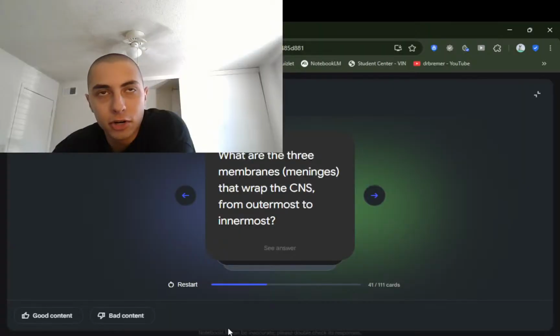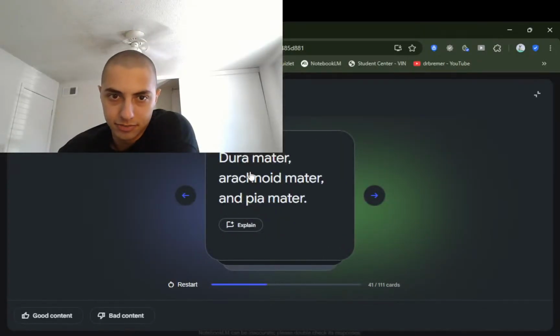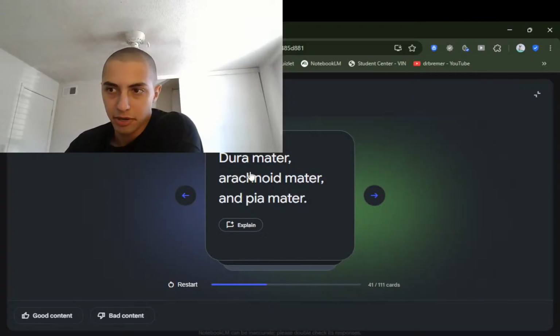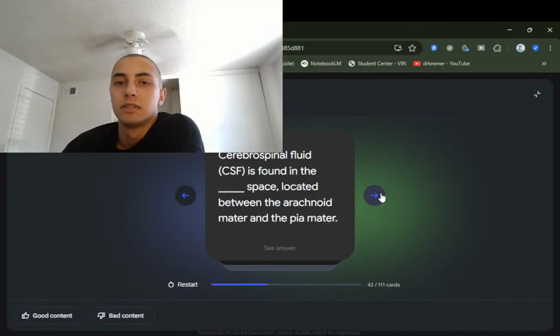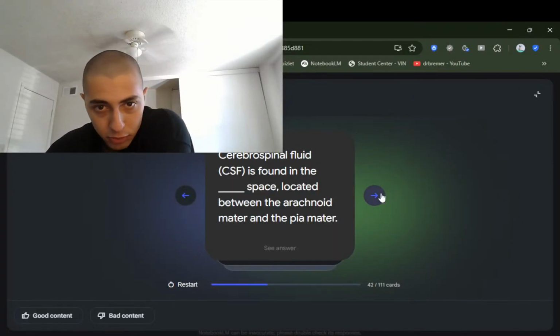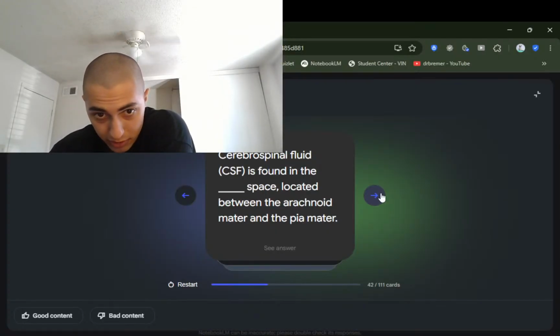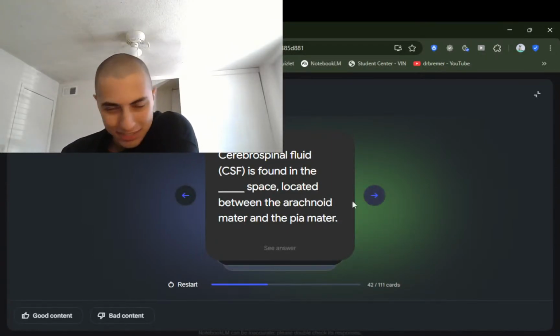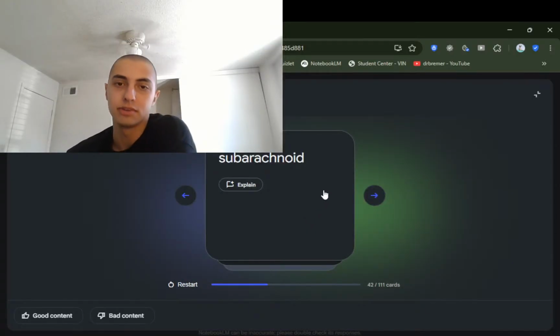Well, it's the dura mater, the pia mater, and something else. Dura mater, arachnoid mater, and pia mater. Cerebrospinal fluid is found in the blank space located between the arachnoid mater and the pia mater. What is it called? Arachnoid space? Subarachnoid space. Okay.